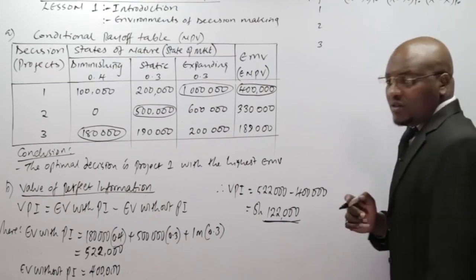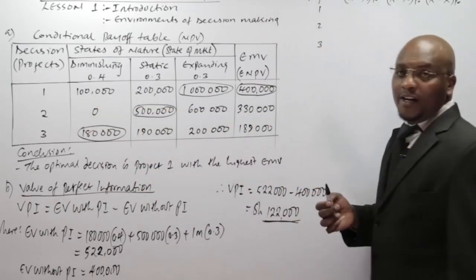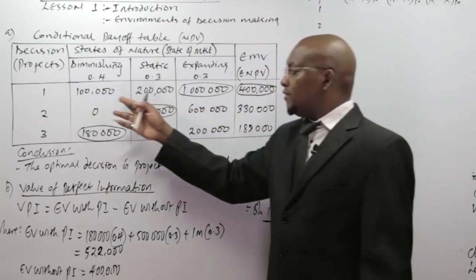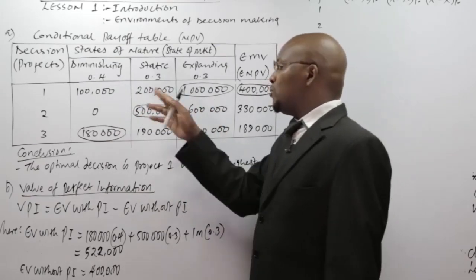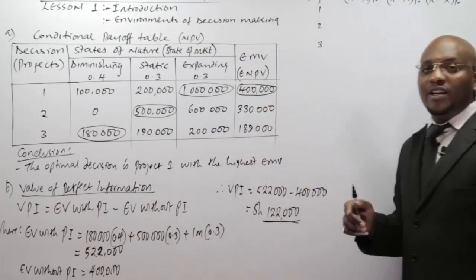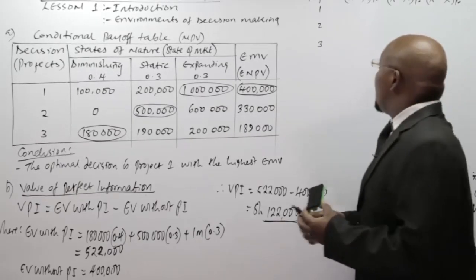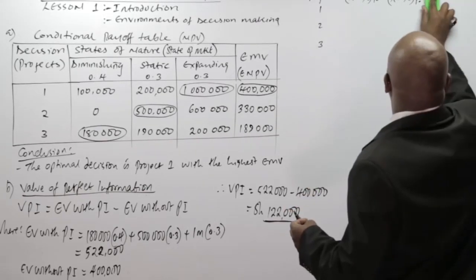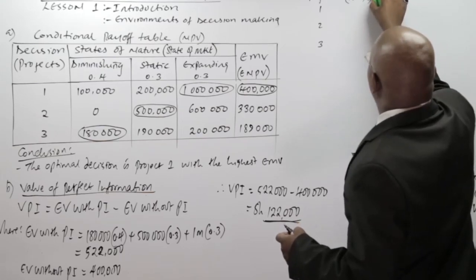Why I'm doing this is because, if you take this project 1 itself, you see it has these 3 values, which we are going to subtract from the EMV, and then we multiply by the probability and get our value. Anyway, suppose I do it this way. Instead of having all that calculation, suppose I have this.